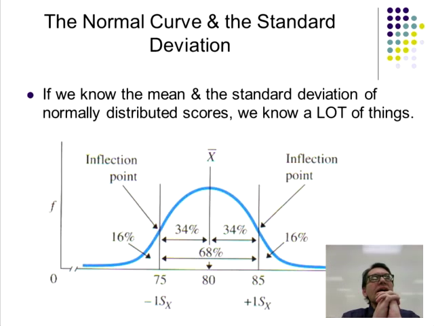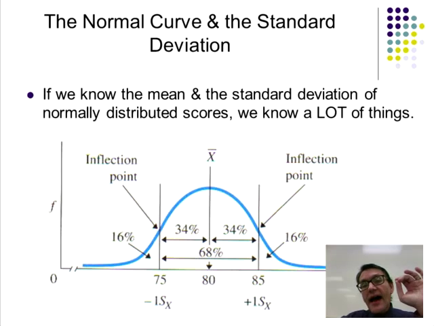is that each standard deviation is going to equal 1 unit on a z-score. So take a look here. Here's a distribution, normal distribution, and in this normal distribution, the mean is 80, right there at the center. It's got a standard deviation of 5.